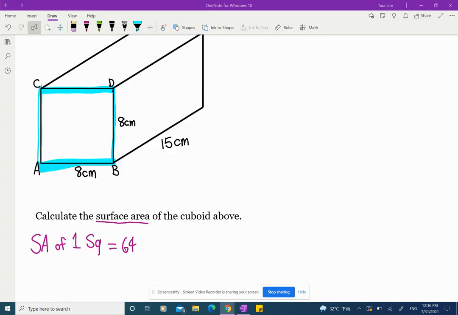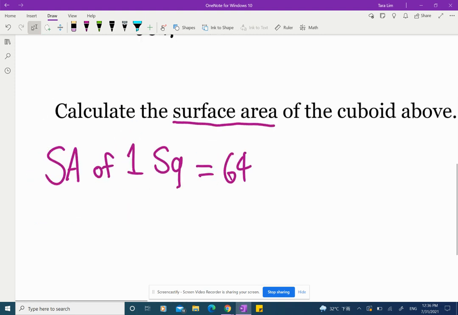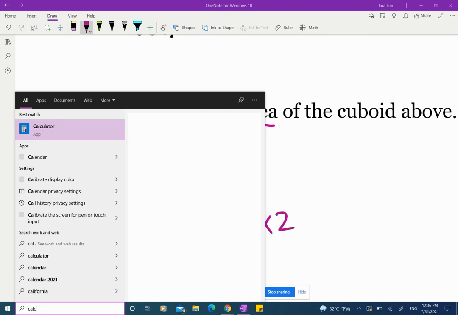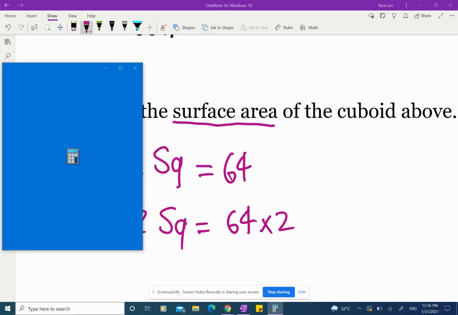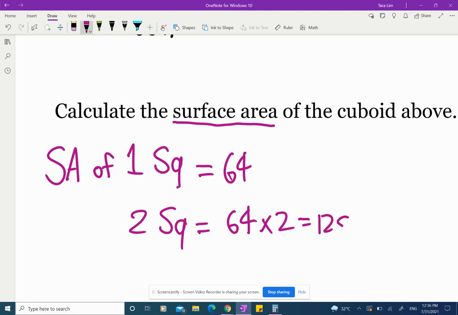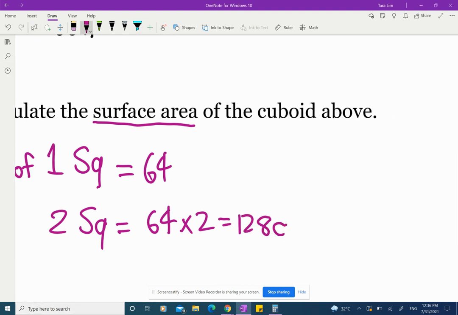Because there are two of them, and we have calculated one square, now I want two squares. It will become 64 times 2, which gives us 128. So that's 2 squares.